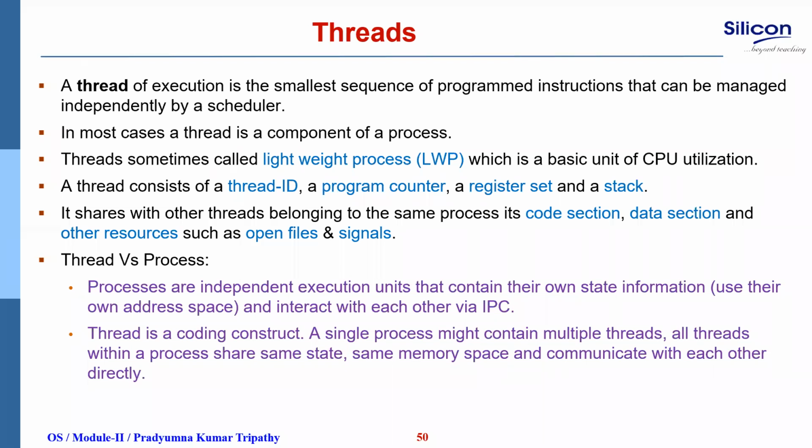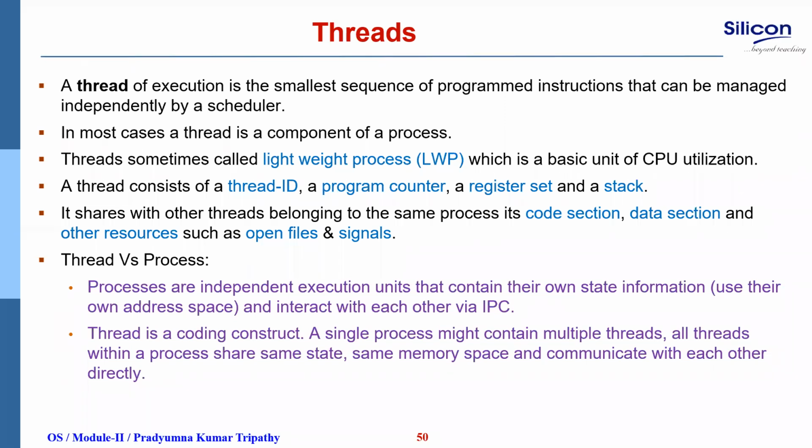But here we call the thread a lightweight process, which is the basic unit of CPU utilization. Why is it called a lightweight process? Because it doesn't take the amount of information that is kept in the process itself. A process requires all information to be kept about it, but a thread doesn't keep all the information.